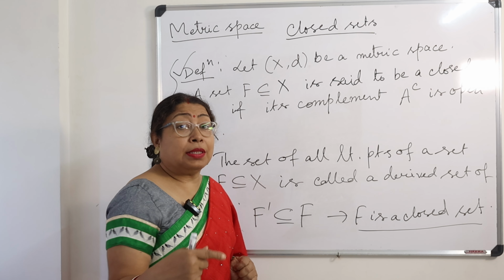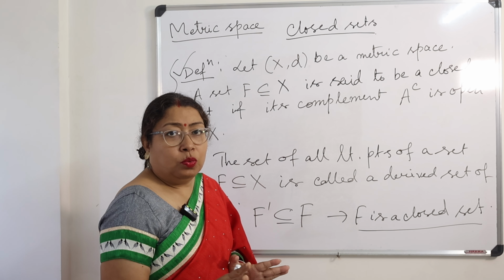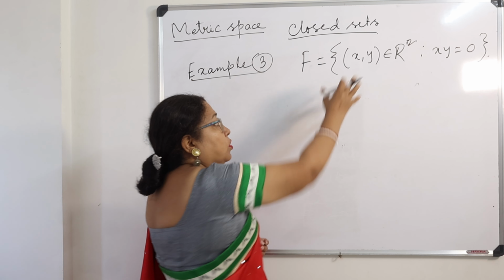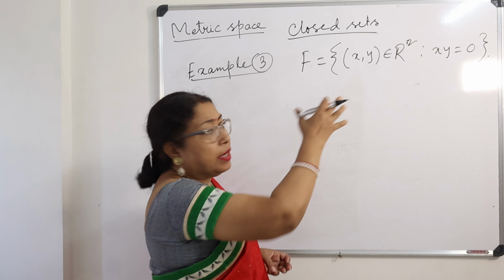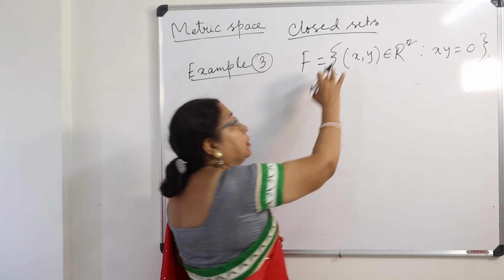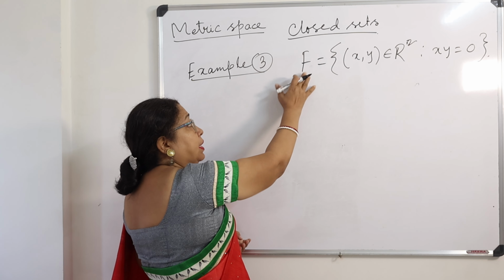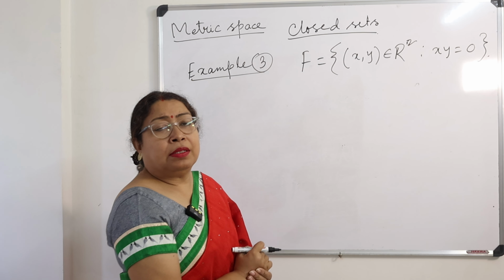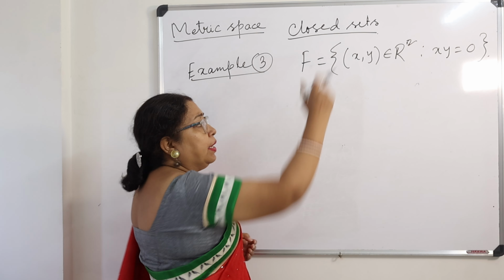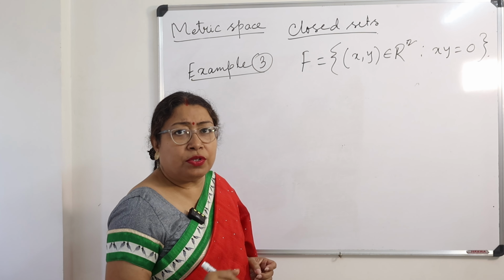Now, let us consider another example from R². Consider the set F consisting of all those points (x, y) of R² for which xy equals 0. So, what is the graph of F? xy equals 0 means either x equals 0 or y equals 0.